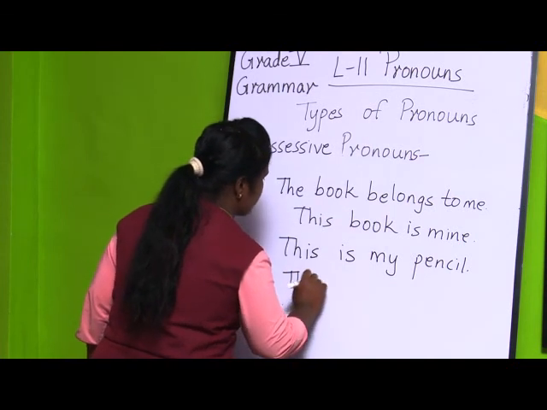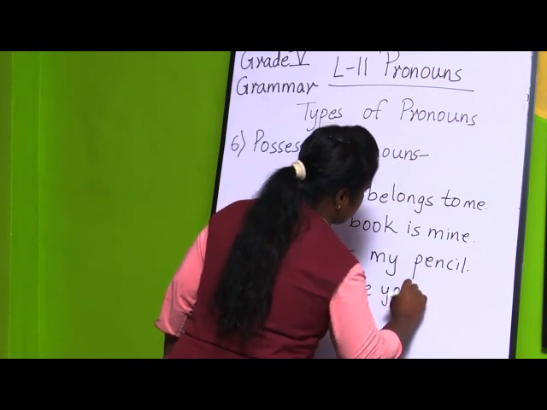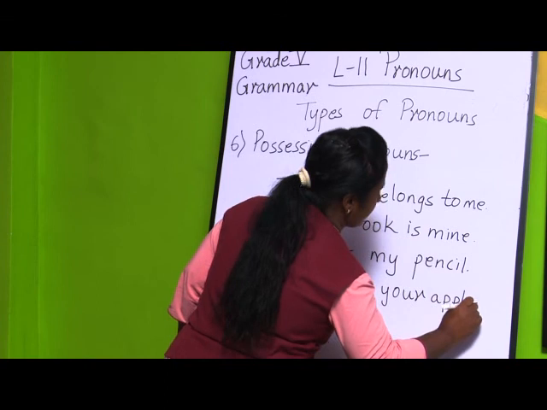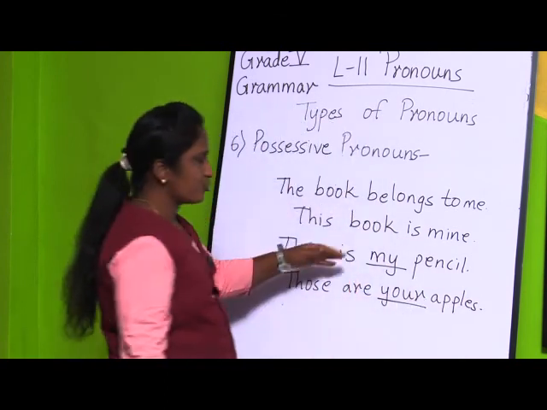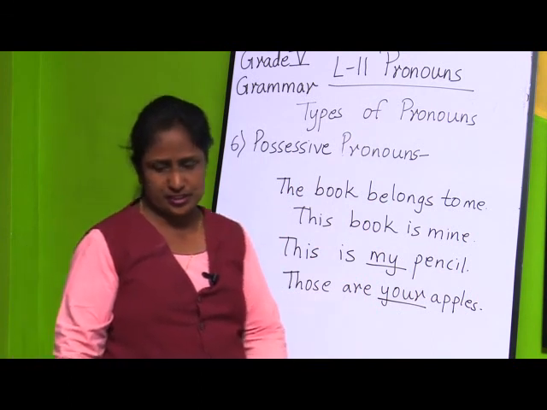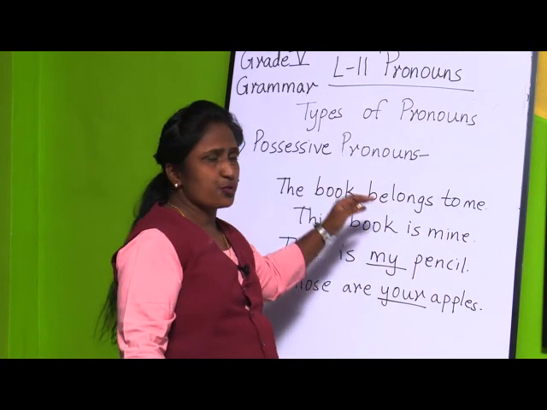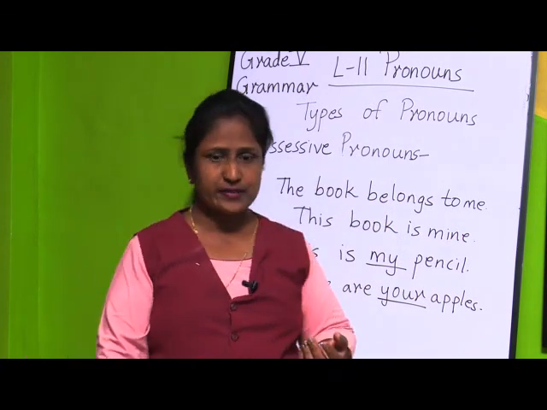These two examples we will take. Here also we are showing the possession. "This is my pencil" and "those are your apples", so we are showing the possession. So this is about possessive pronouns. Possessive pronoun is that which belongs to you, where you are the owner of that noun.